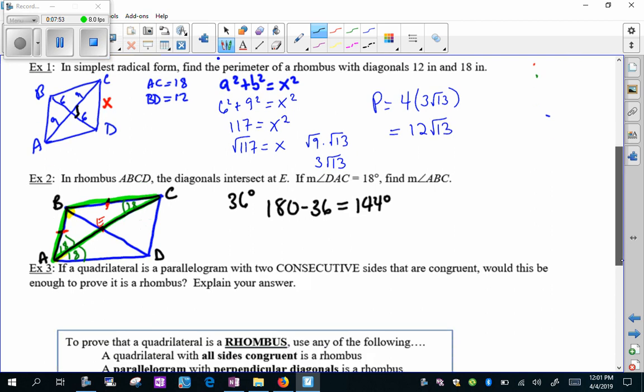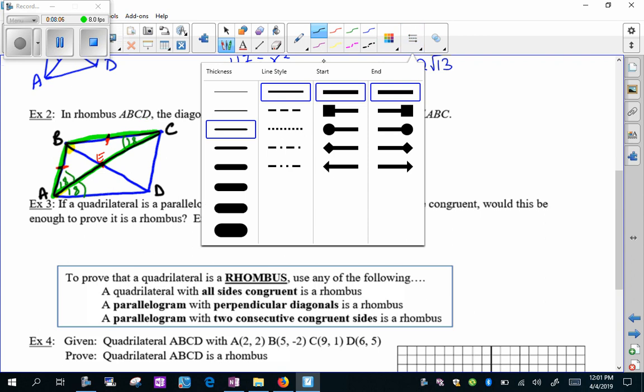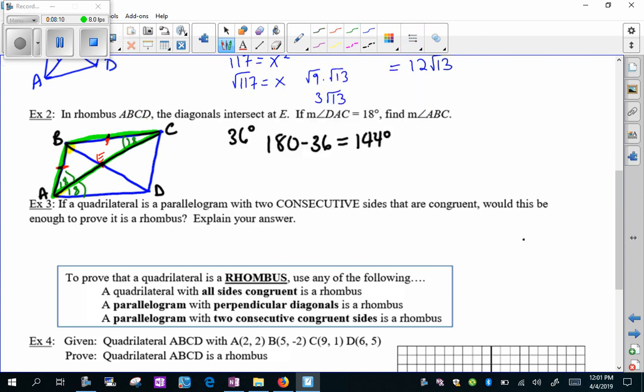Okay, example 3. If a quadrilateral is a parallelogram with two consecutive sides that are congruent, would this be enough to prove that it is a rhombus? Well, that's pretty straightforward, actually. So if I have a quadrilateral, and the two consecutive sides, I'll just pick this one and the side next to it.